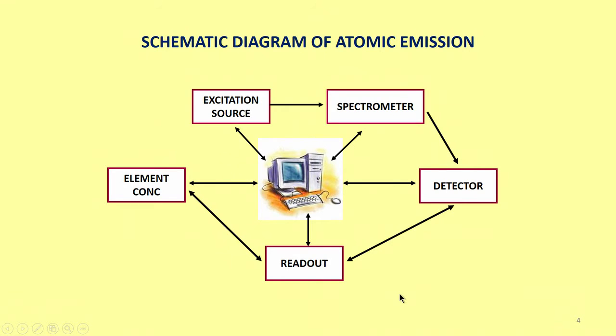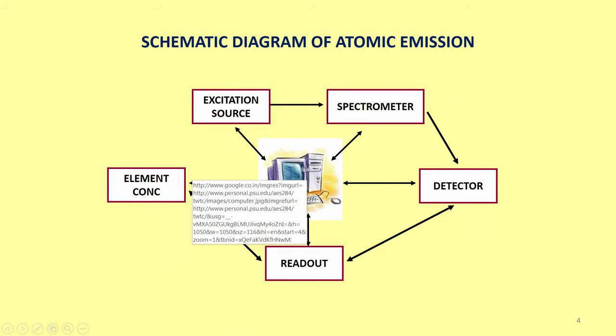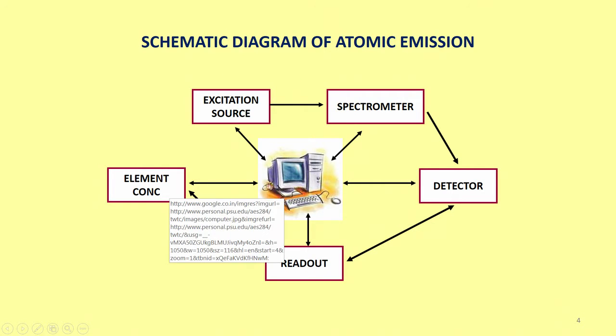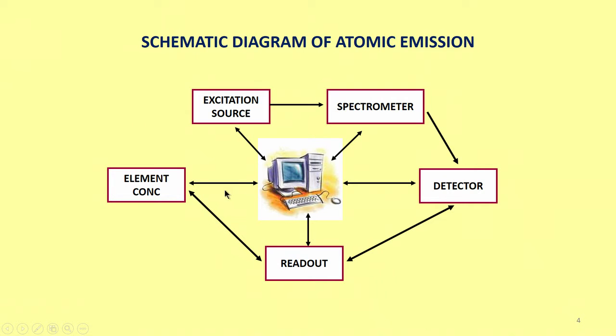The basic schematic diagram is something like this. There is one excitation source connected to the spectrometer, and to measure the emitted radiation you have to convert the radiation into an electrical signal. That is done by the detector, and the detector gives a readout, a number, which is recorded in the computer, and then the computer does the calculation for the element concentration.